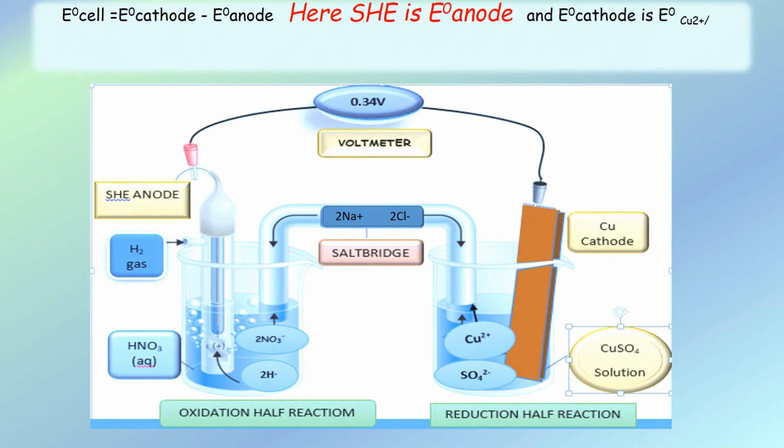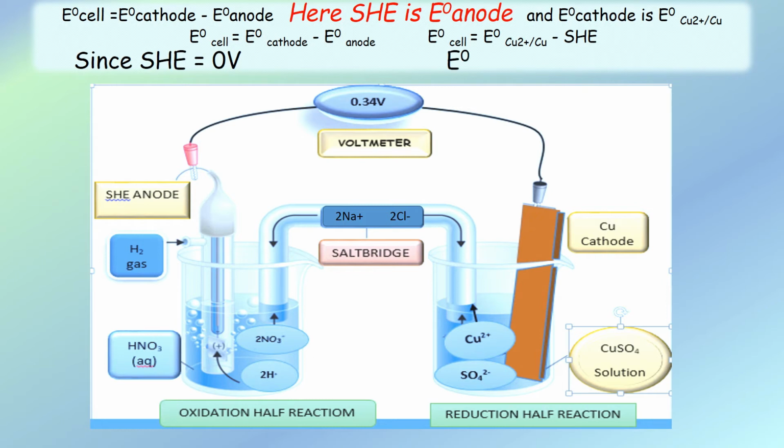Here SHE is anode, so E0 anode will be equal to 0. So E0 cell will be equal to E0 Cu2+/Cu, that is equal to 0.34 volt.